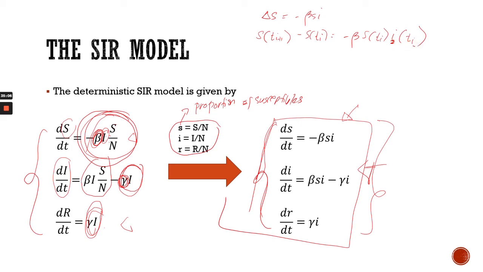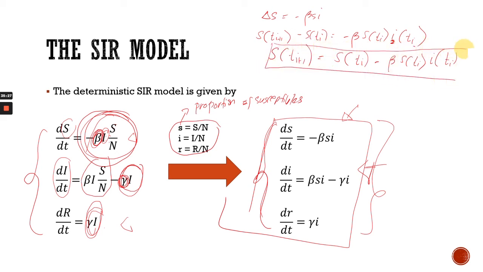So, eventually we have S of T sub I plus 1 equals S of T sub I minus beta S of T sub I times I of T sub I. Okay, we have this equation for S. And we can do the same process to get the infective and then the recovery.